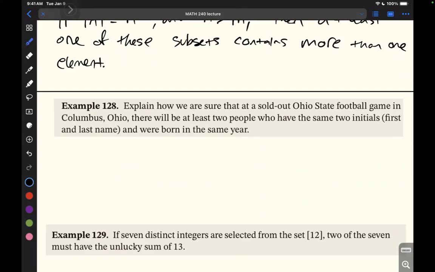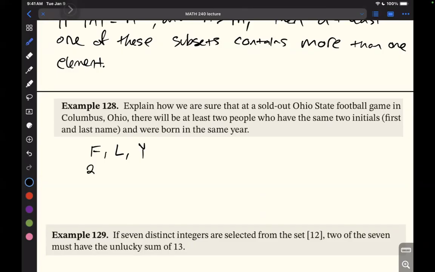There's a lot of people who would go to this game, and first and last and year seems like way too much of a coincidence. But we can show this mathematically. So how many ways? We're looking for a sequence of first initial, last initial, the year they were born. And how many options do I have for people to have the same first initial?